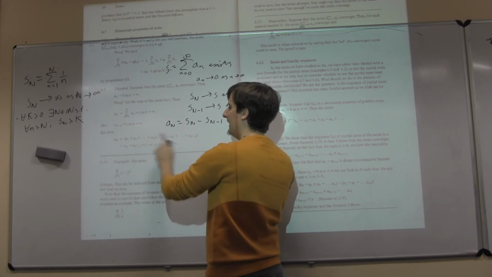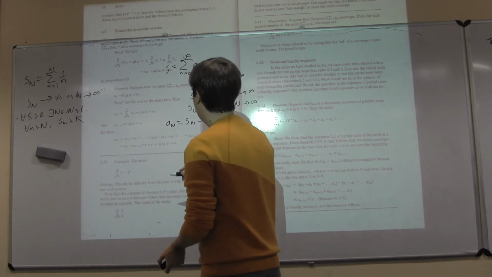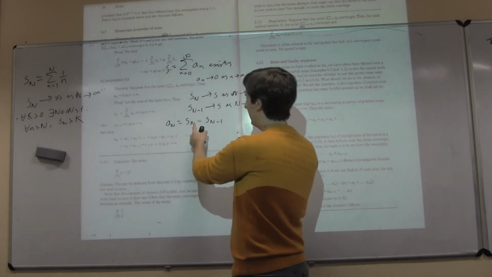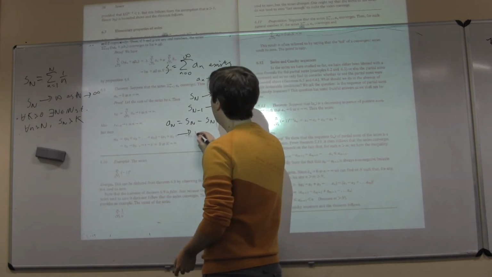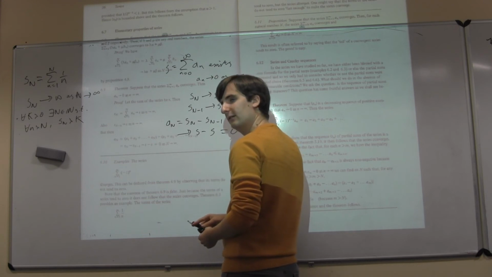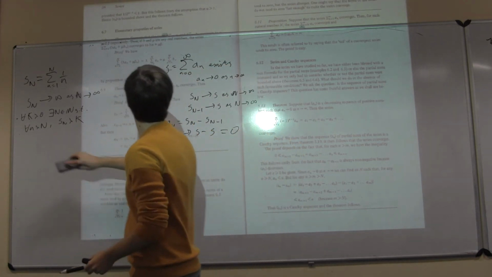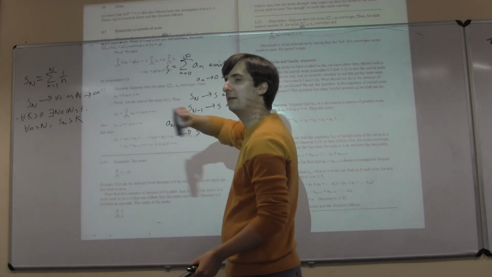All these terms cancel out apart from a_N. So because this tends to S and this tends to S, a_n must tend to S minus S, which is equal to 0. So for any series, the terms in the series must tend to 0.